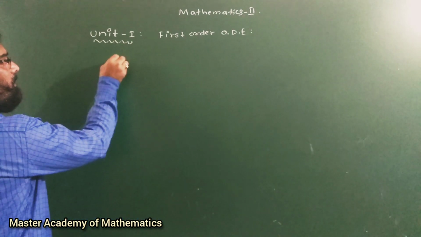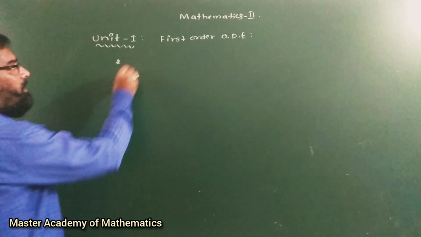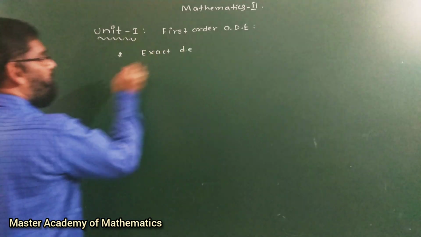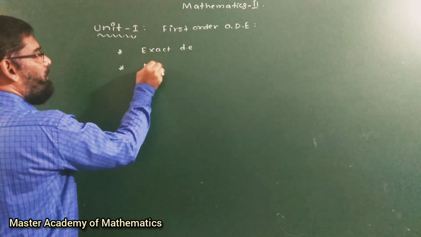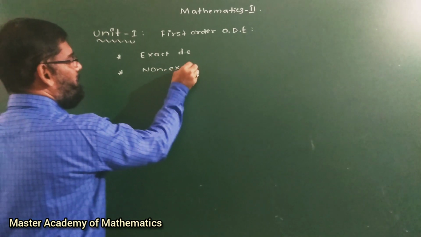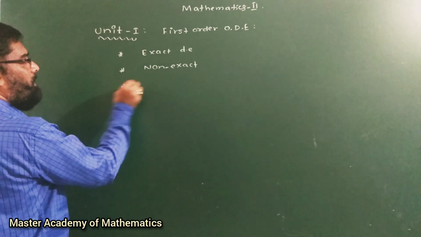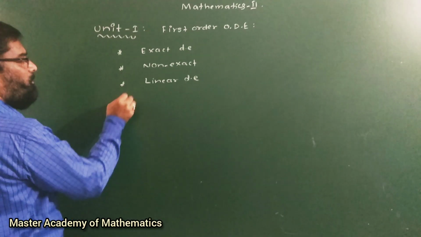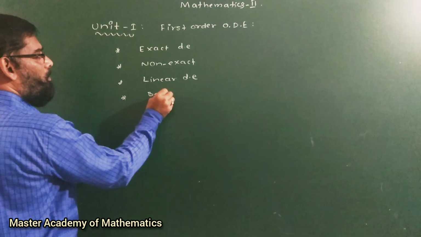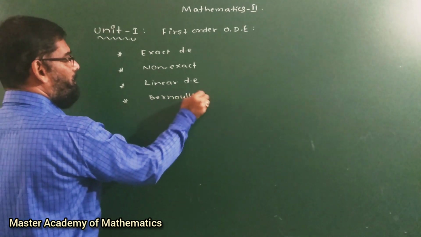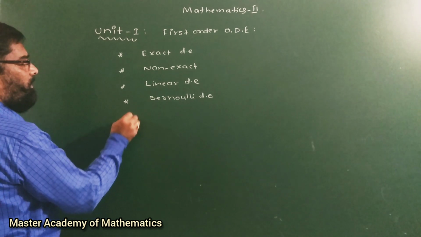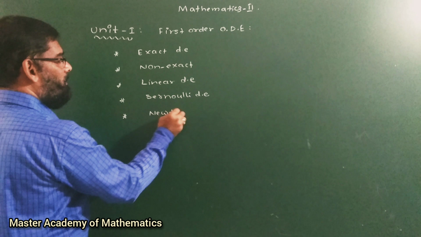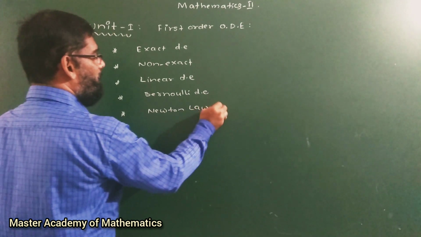The topics in the first unit are: one, exact differential equation; second, non-exact differential equation; third, linear differential equation; fourth, Bernoulli differential equation; and the next one is Newton law of cooling.